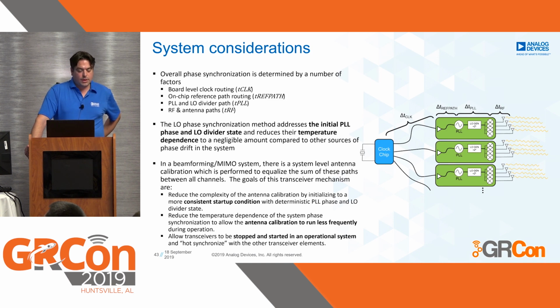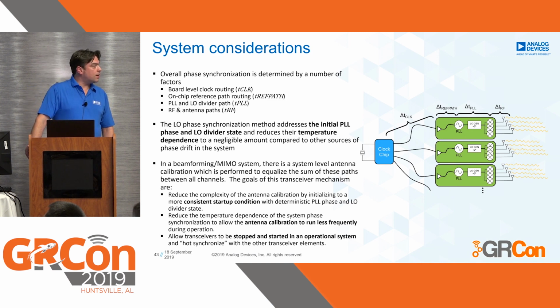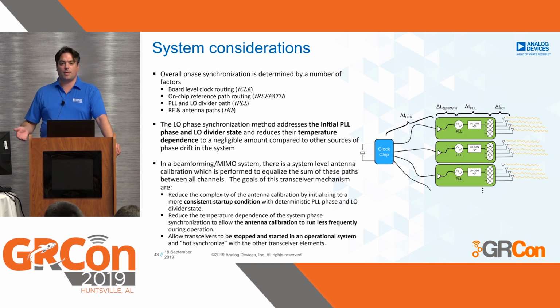Also, there's a temperature dependence and a drift, and this is also addressed by this RF phase synchronization feature. So what does it bring us? It gets us a more consistent startup condition, and your antenna calibration needs to be run less frequently. You always have a lot of phase difference just from your antenna path. Let's take an easy number: 3 gigahertz divided by the speed of light is a 100 millimeter wavelength.